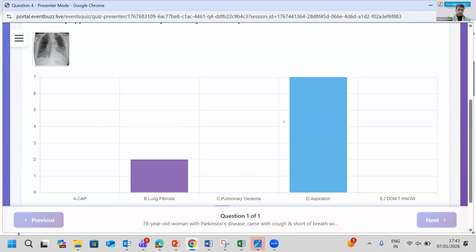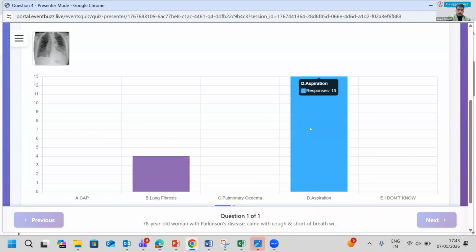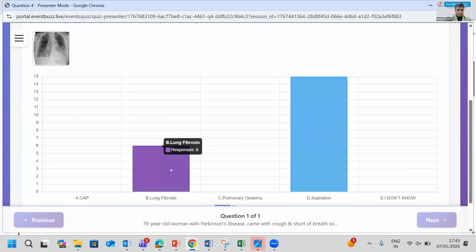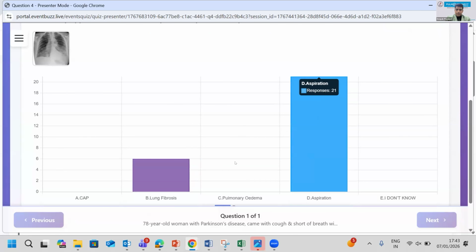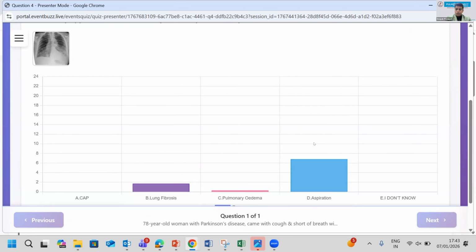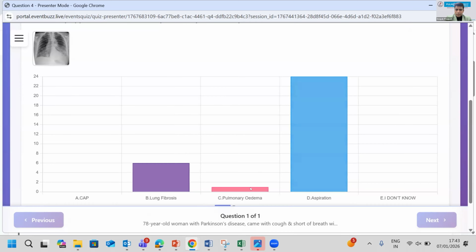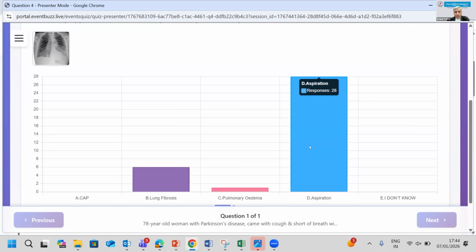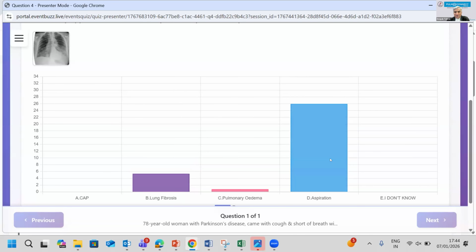So what is the most probable diagnosis in her case? The options are community acquired pneumonia, lung fibrosis, pulmonary edema, aspiration pneumonia, or I don't know. I think everybody knows. Nobody wants to score on I don't know because they are scared. I think their heads are going to scold them.